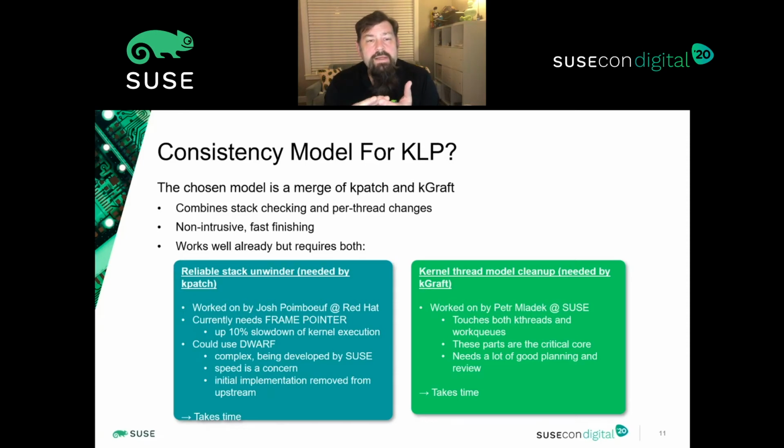We combine that concept of stack checking using the DWARF unwinder, because that allows us to deal with some of those pitfalls: the function inlining that we talked about, the compiler optimization, these sorts of pieces. And this really allows us to handle some of those complex types of patches that need to be deployed. And then the kernel thread model cleanup.